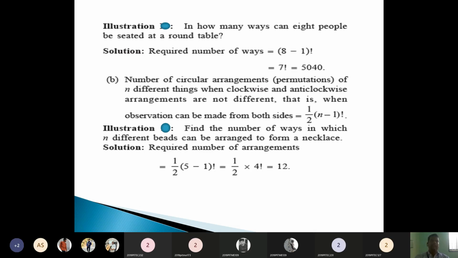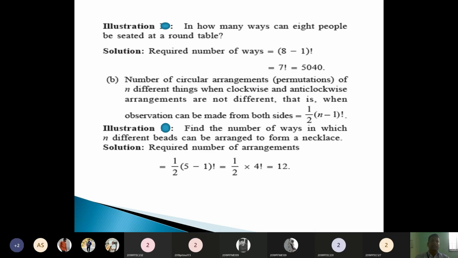Find the number of ways in which n different beads can be arranged to form a necklace. When you arrange the beads in a necklace, how many different ways can you arrange it?